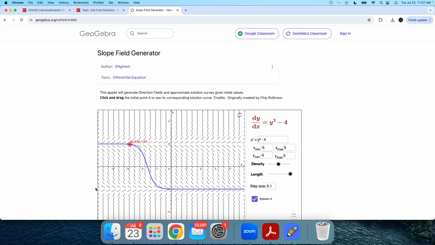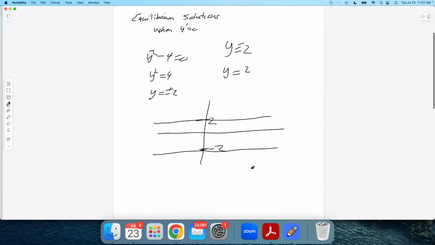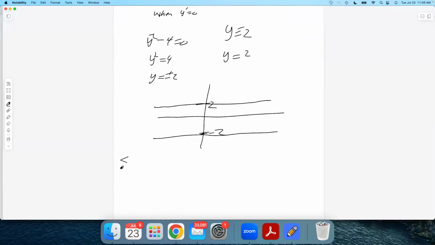So that means what we would say is that this equilibrium solution here is an attractor. This equilibrium solution here is a repeller. And the way we figure all this out is by doing a sign chart around these equilibrium solutions, and we're doing this for y.